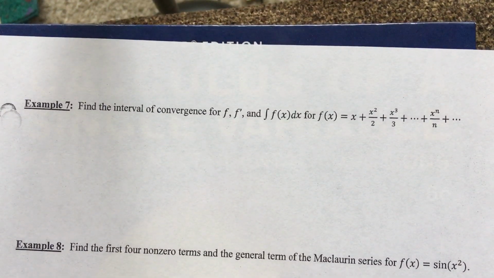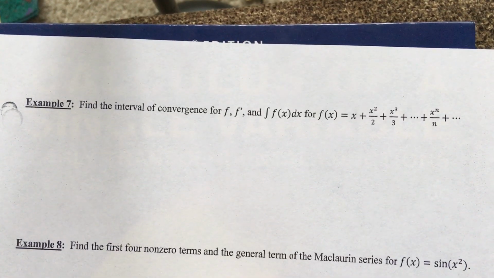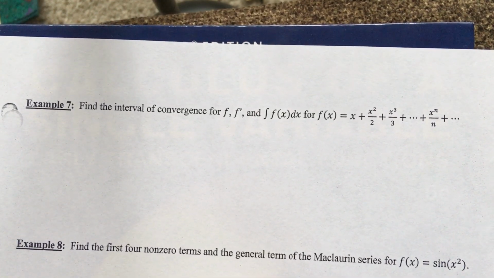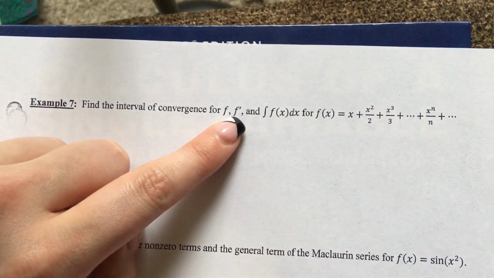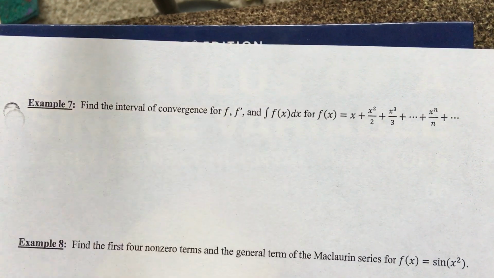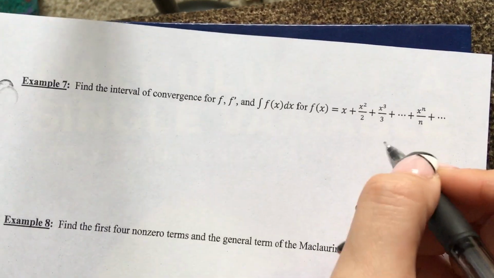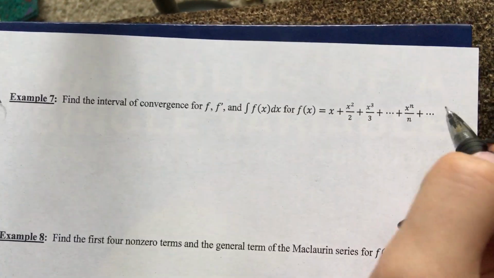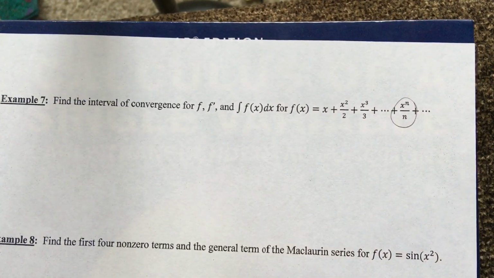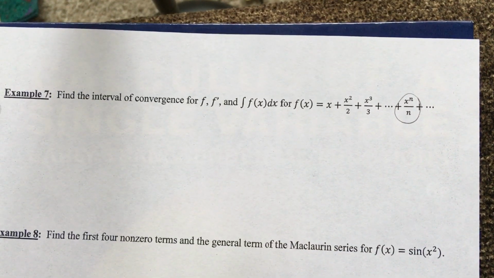All right, so if you look at your next page of notes, we're going to look at example 7. So it says find the interval of convergence for f and f prime, and then the integral of f. So if I look at this, you can write out all the terms, but it's a little bit easier just to focus on this part right here, because when we find that interval of convergence, that's the only part we look at anyway.